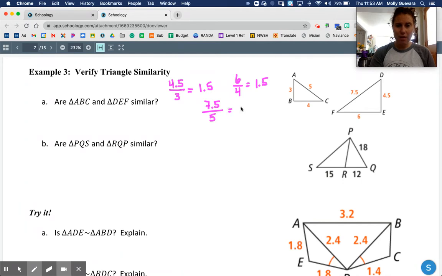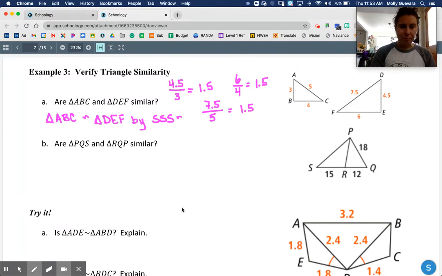And if I divide that, I get 1.5. So the scale factor here is 1.5. So since I multiply all three of my sides on ABC by 1.5 to get all three of my sides on DEF, then these are similar. So triangle ABC is similar to triangle DEF by side, side, side similarity.